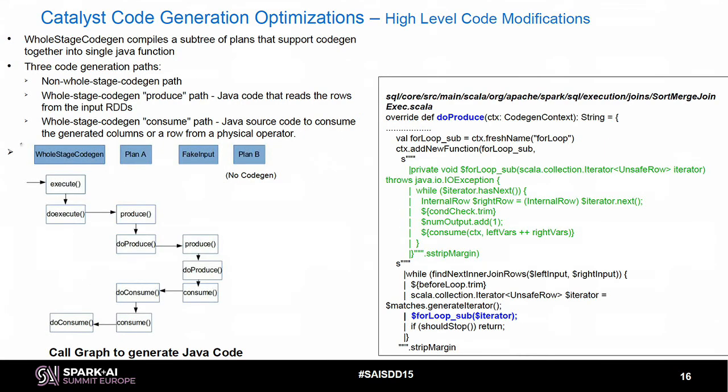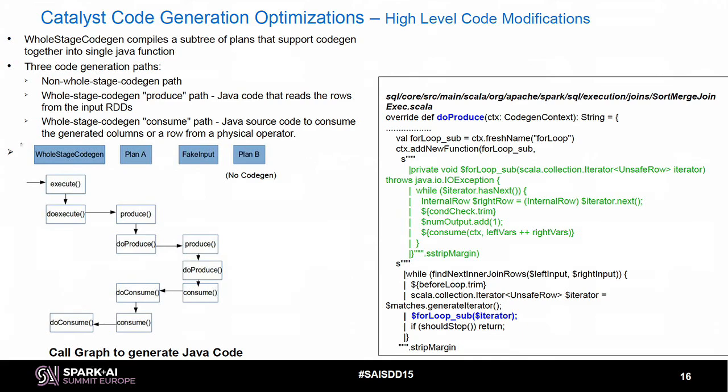A little more about the code modifications we had to do. The whole-stage code generation for the Catalyst code optimizer basically has two major paths for each operator, the produce path and the consume path.